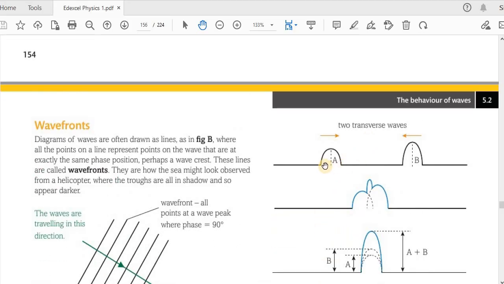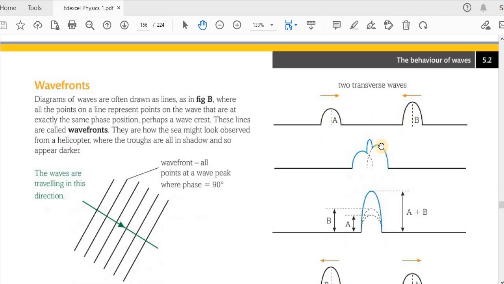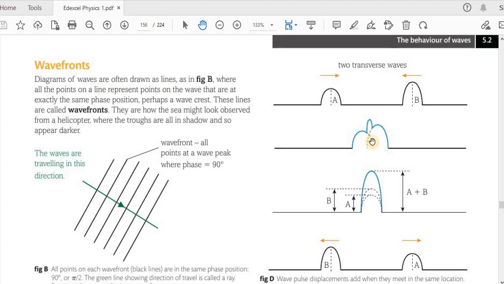So you have two transverse waves moving towards each other. Now when they overlap, say for example here they just overlapped or simply interfered, the resultant wave, the wave that you get when the two combine, has an amplitude that is the sum of the individual amplitudes or displacements.